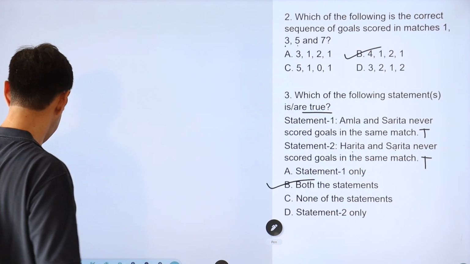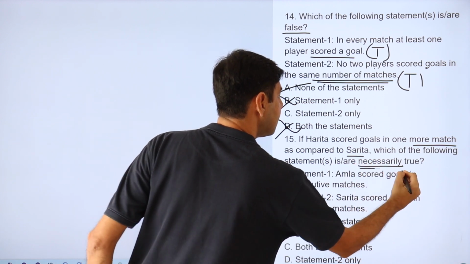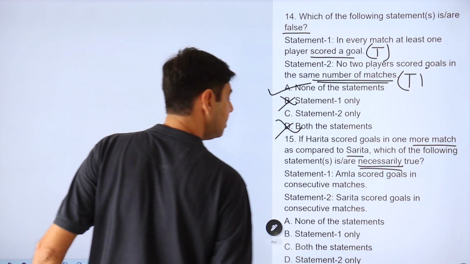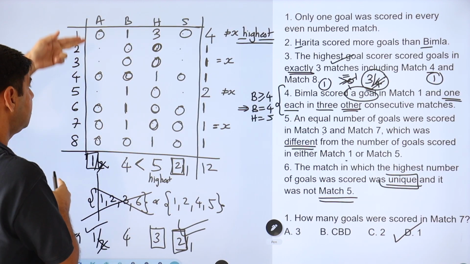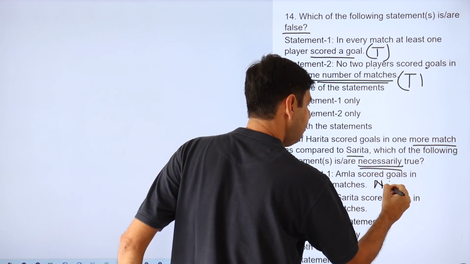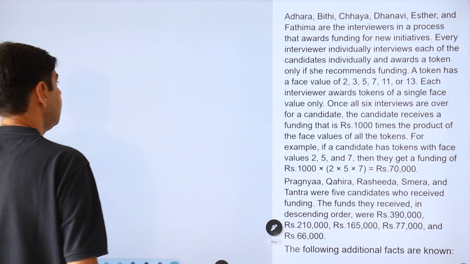So let's see what it says further. Which of the following statements is necessarily true now? Yeah, not maybe. Amla scored goals in consecutive matches. Amla is 1. She cannot score goals in consecutive matches. So this is necessarily false. Sarita scored goals in consecutive matches.